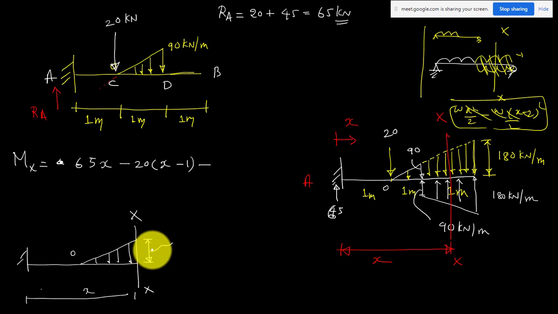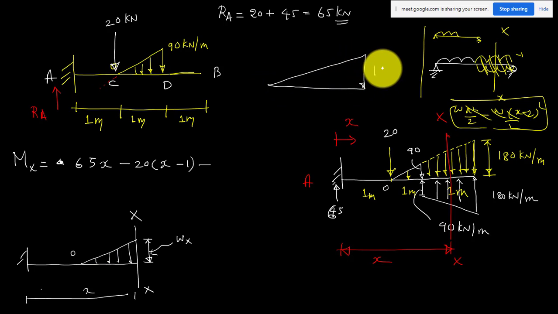So I should get the value of the intensity of the load. Let us take Wx, here 180 and here 0, and this total distance is X, so it is X minus 1. So this is your total load. 180, and it is 90. The section is coming here.